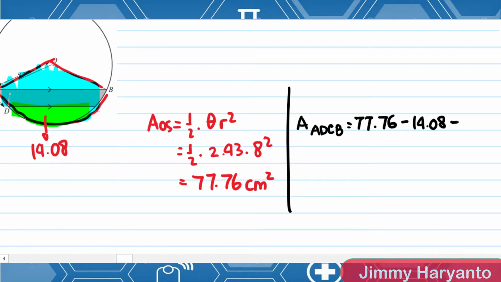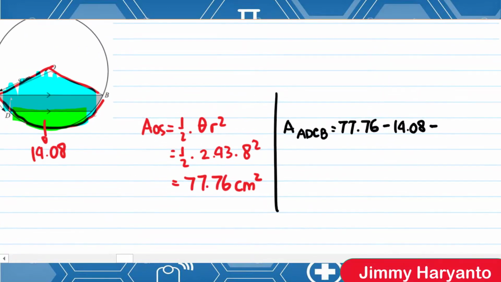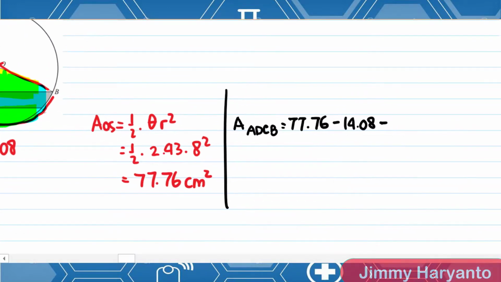We have to minus it with the green one, and then minus the triangle, this triangle. The triangle is half times 8 times 8 times sine 2.43. It's a lot of work to get 3 marks.